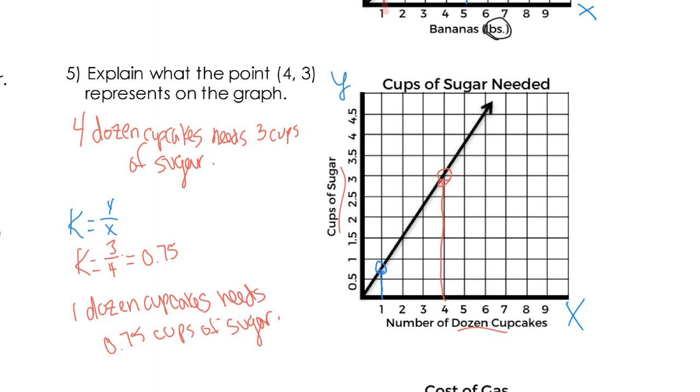I can't really tell where it crosses, so I'm going to use the point we already know. We're already given (4, 3), so use that in your equation, k equals y over x. Remember, side to side is your x-axis, up and down is your y-axis. So we do 3 over 4, and that gives us 0.75. That means 1 dozen cupcakes needs 0.75 cups of sugar.